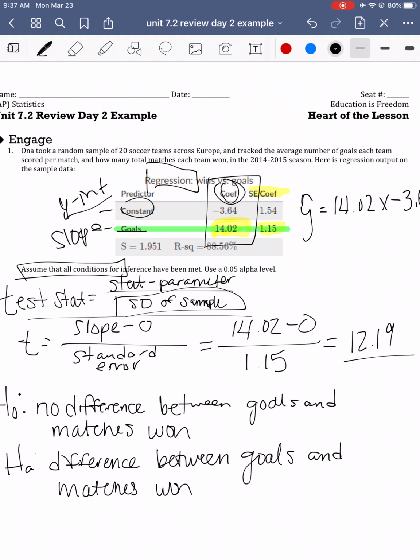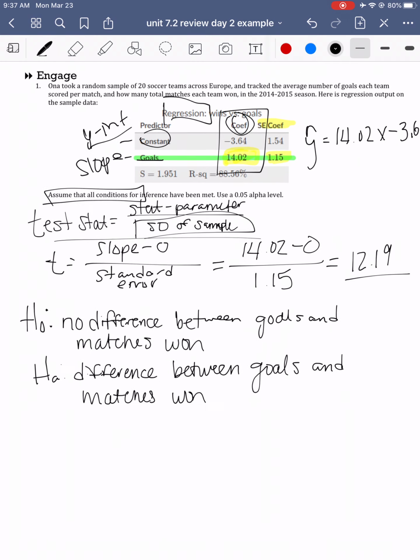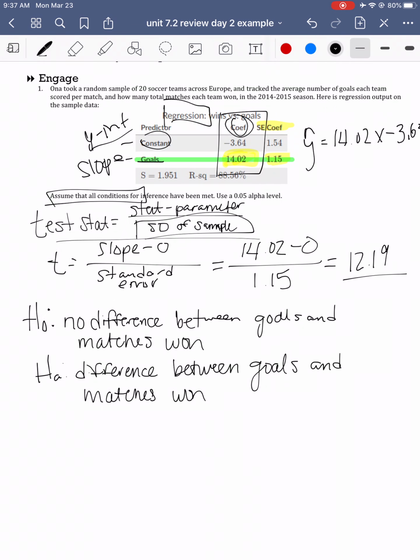Now, since this is a t-test, we need our degrees of freedom. In the slope regression test, our degrees of freedom is going to be calculated by n minus 2. The reason we have 2 here is because we are now dealing with two variables, not just a proportion or just a mean, which are one variable.